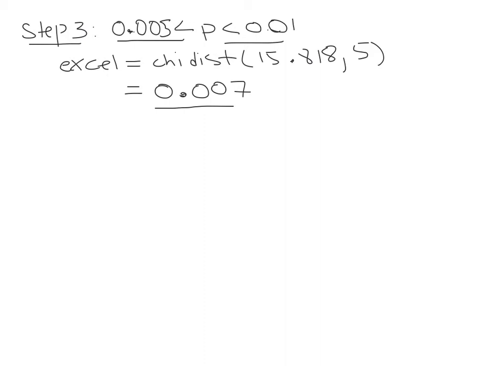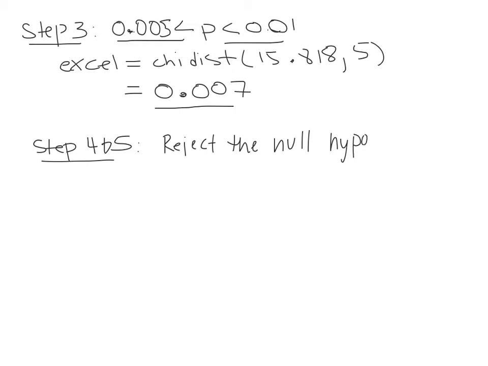So that's pretty small. So step 4 and 5, really, I don't know why they just didn't combine them into one, because they always do in their homework. So whatever. Step 4 and 5, because this p-value is small, you reject the null hypothesis. So we conclude that something different is going on.